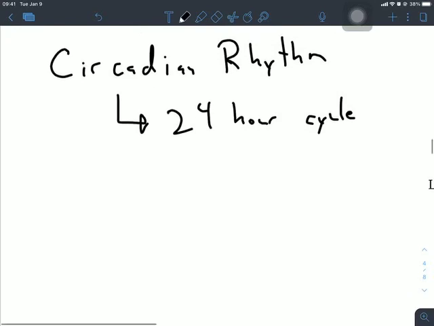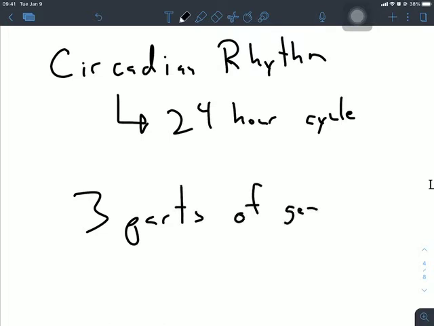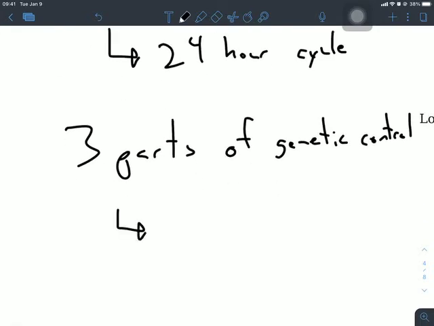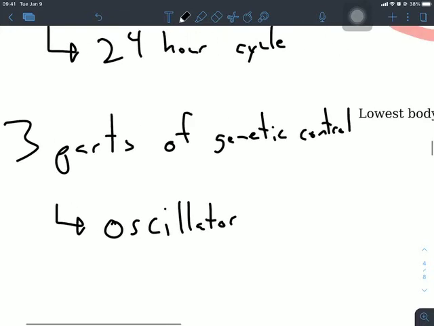The three parts of our genetic control of our circadian rhythm are as follows. There is a set of genes called the oscillator. And oscillators help you establish a rhythm.